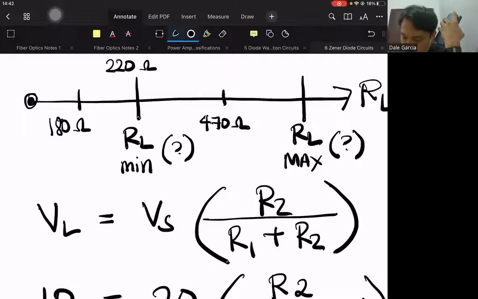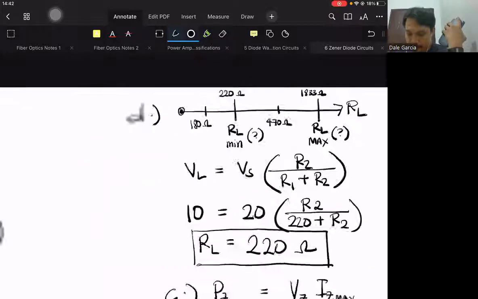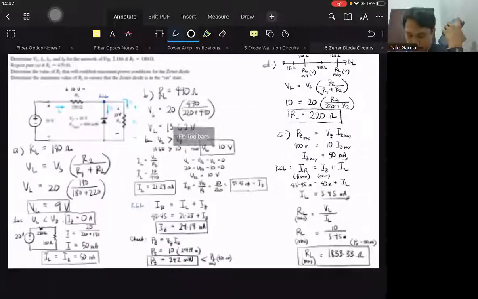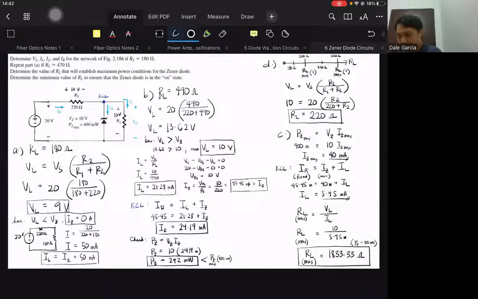So the maximum value for RL so that the Zener diode will not go busted is 1833 ohms. That's it. Guys, any questions?